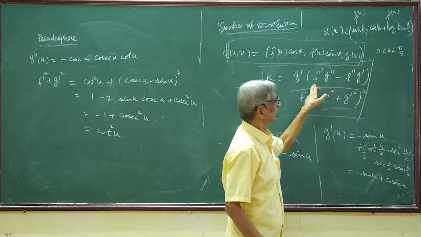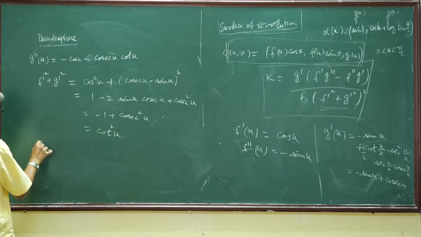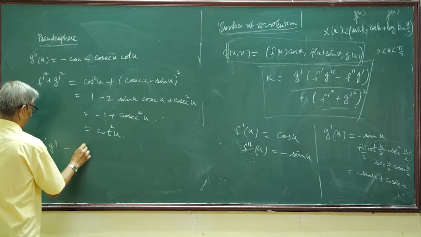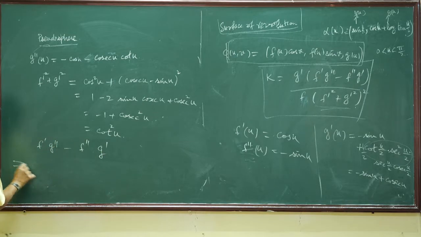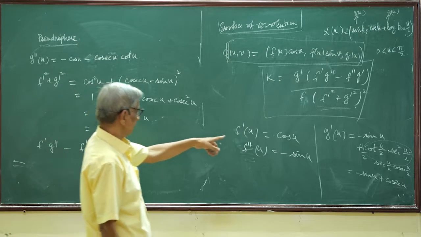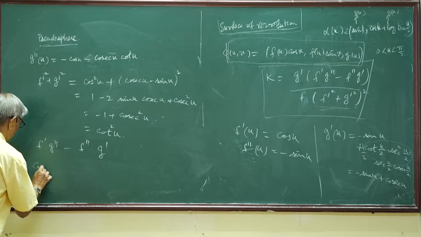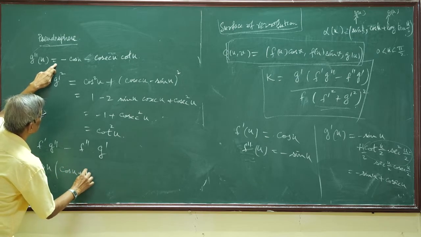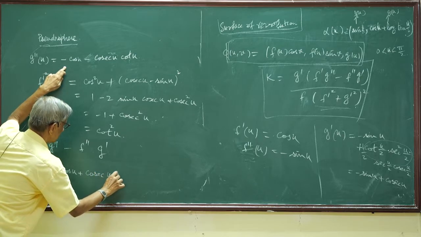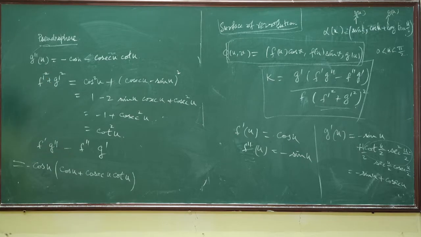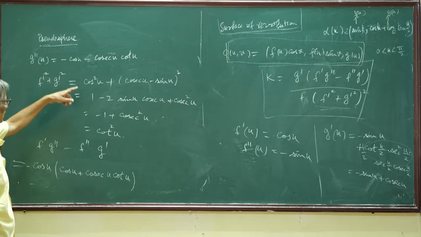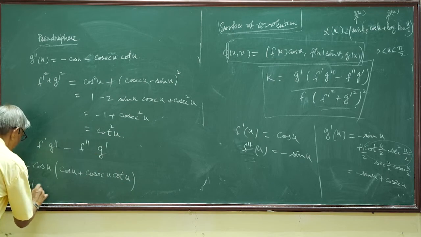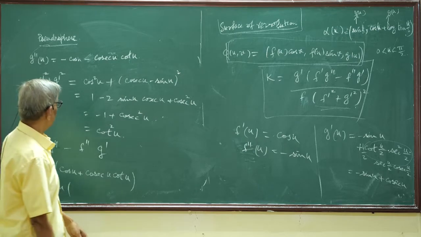This one, f dash g double dash, dash is cos u, minus cos u plus, minus f double dash sin u onto g double dash.